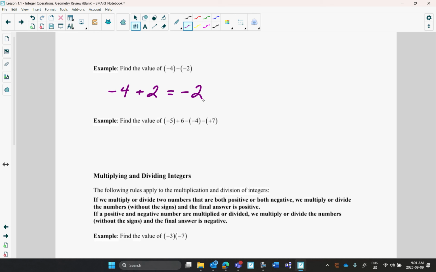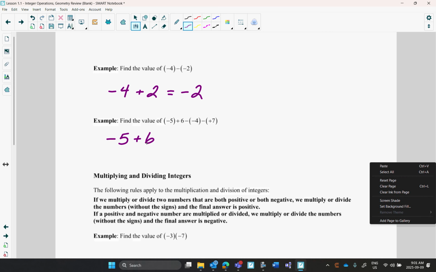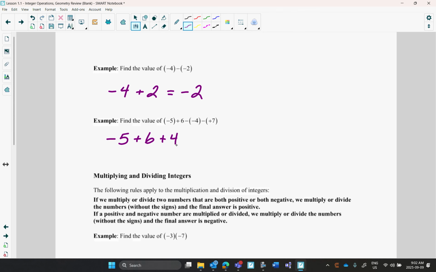Minus 5, plus 6, plus 4, minus 7, which gives us 1, 5, 5 minus 7 is negative 2.